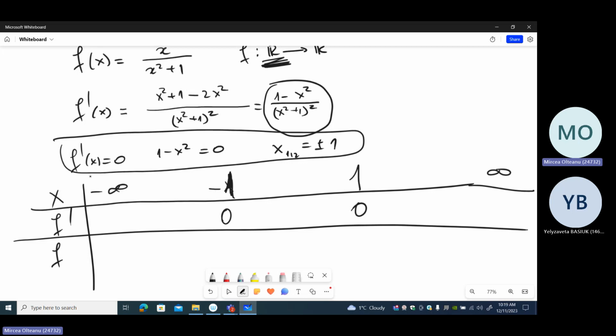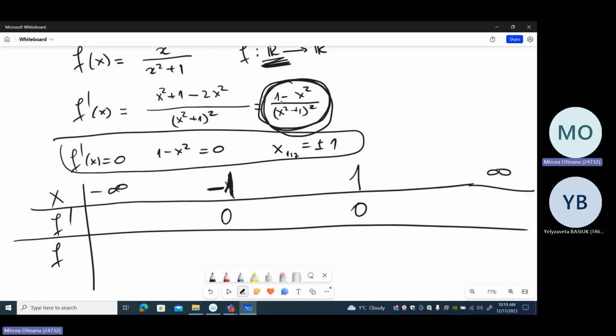And now the sign of f prime. You can use f prime, it is written here. Attention, here the denominator is obviously positive, so is the sign of the numerator. You can find the sign here in 2 ways.